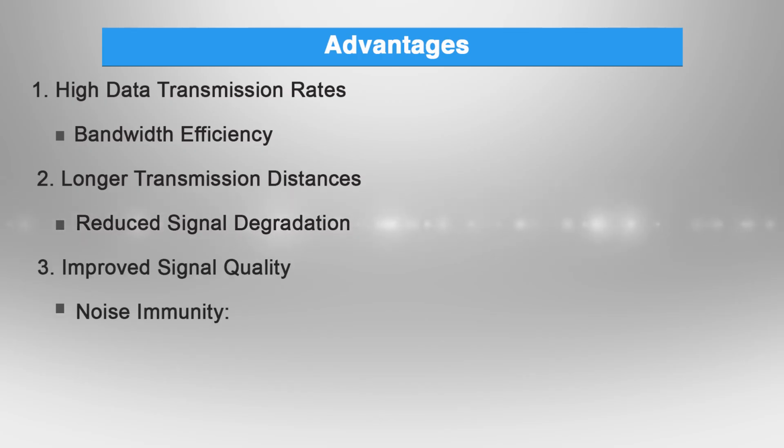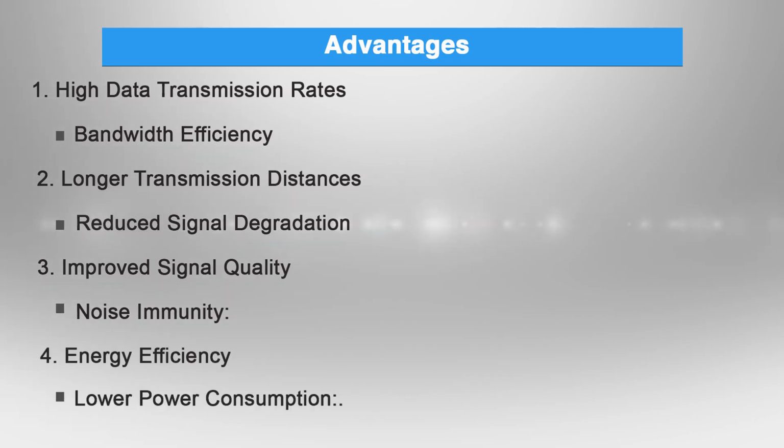The third advantage is improved signal quality, which means noise immunity. Optical modulation techniques can improve the signal to noise ratio, SNR, making the system more resilient to noise and interference. This results in clearer signal transmission and reduced error rates.